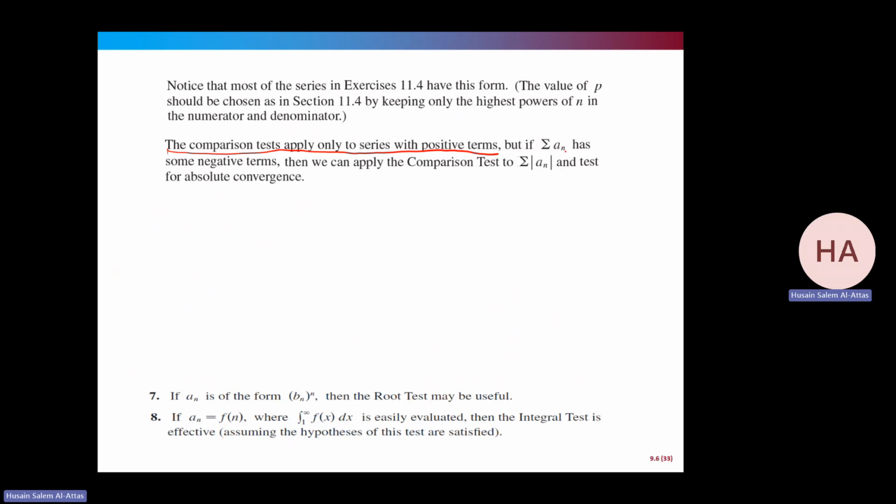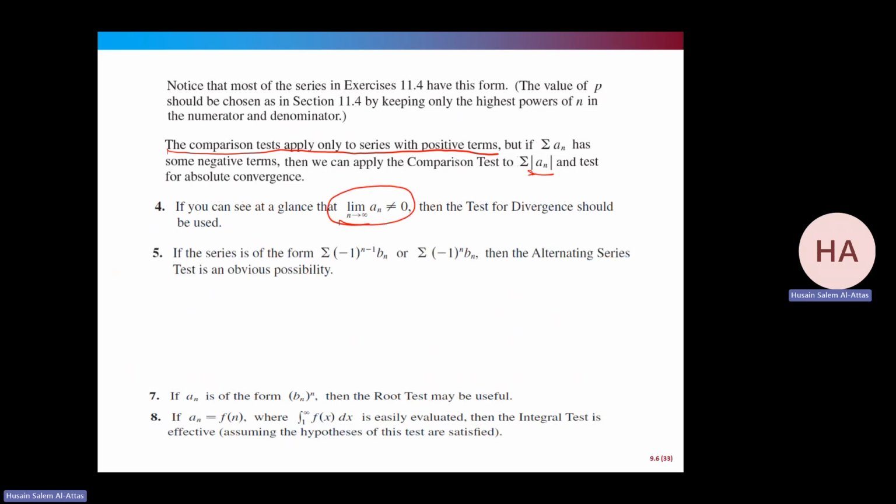But you can apply it by taking the absolute value, and if that converges, then it means the original series converges. If the limit is not equal to 0, this means divergence, if you can find it quickly.